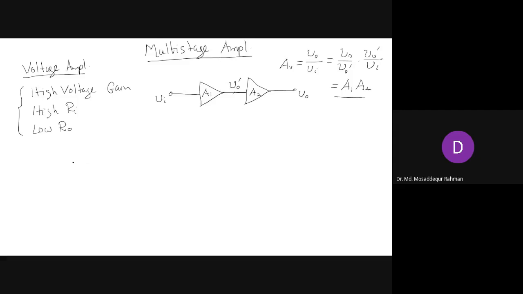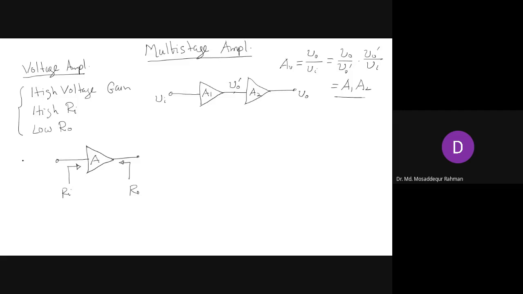Now let's consider a single stage amplifier and what the issues are here. Let's say the gain is A, the input resistance is Ri, the output resistance is R0.